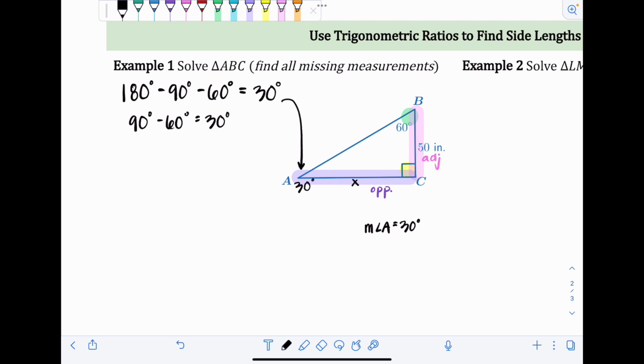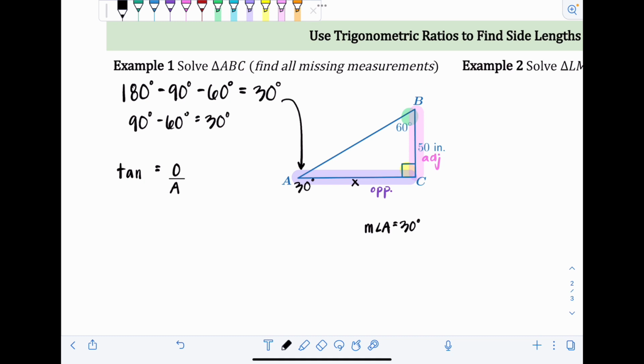So now the way I set up my equation is I have to pick which trig ratio combines what I know with what I want to know. So I know the adjacent side and I want to know the opposite side. So I pick tangent because tangent is the only one that has opposite and adjacent as its ratio. So I would do tangent is equal to opposite over adjacent.